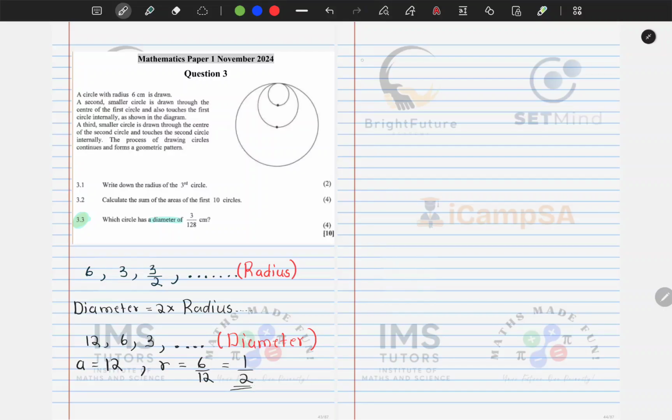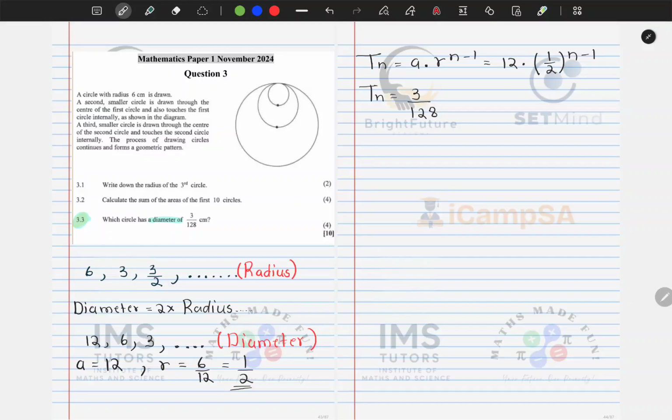So I can now write my general term, Tn. Remember, Tn is A times R to the power of n minus 1, which means I will have 12 multiplied by 1 over 2 to the power of n minus 1. And guess what? I have the diameter already, Tn, which is 3 over 128. I just need to figure out which circle this is.